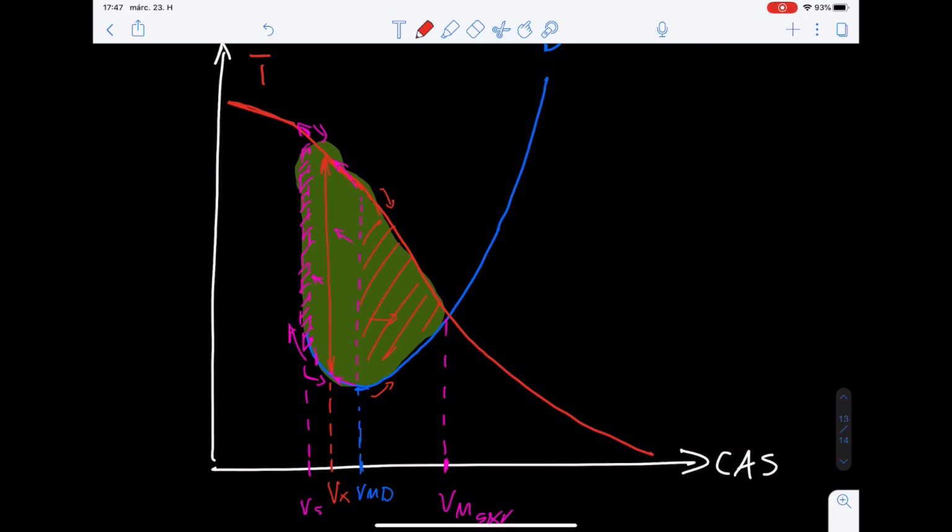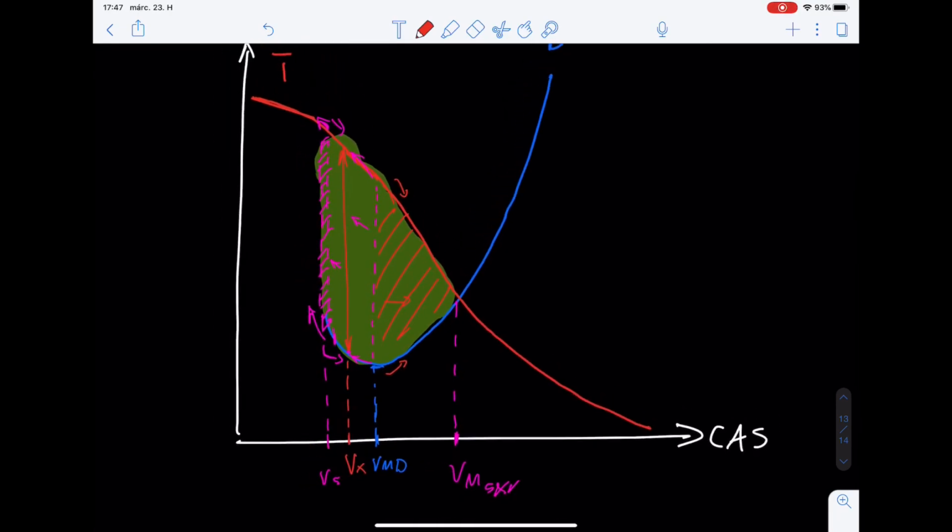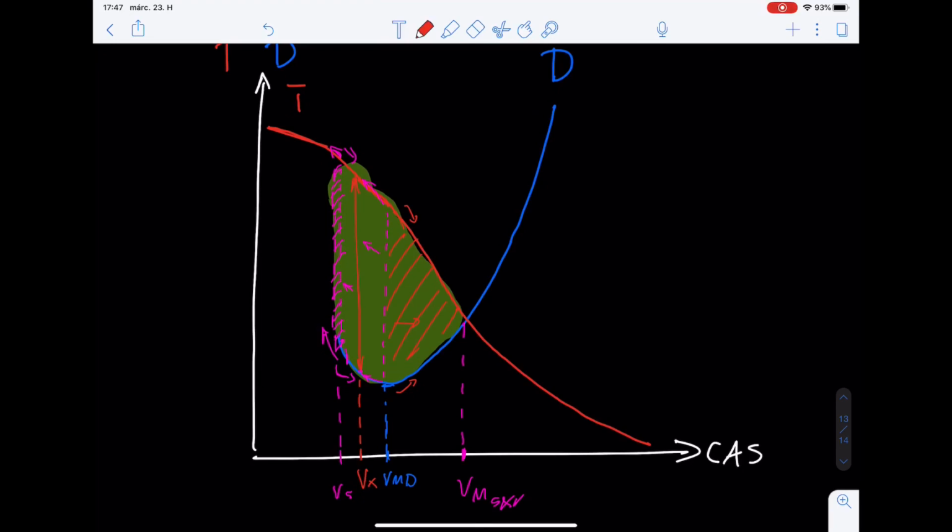So generally speaking, it's going to be lower than the VMD, and it's going to be closer to the so-called VMP, but it's not necessarily going to be exactly VMP, right? It's going to be dependent on the engine and propeller type and the altitude.